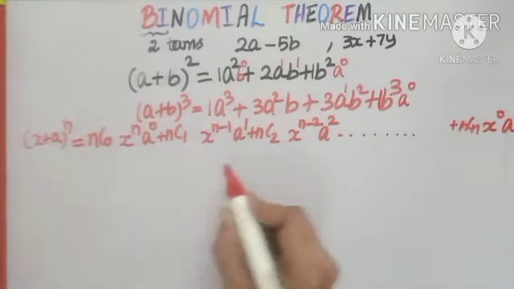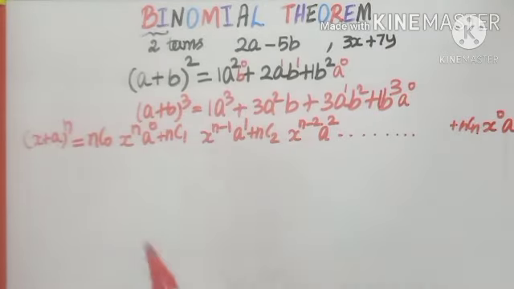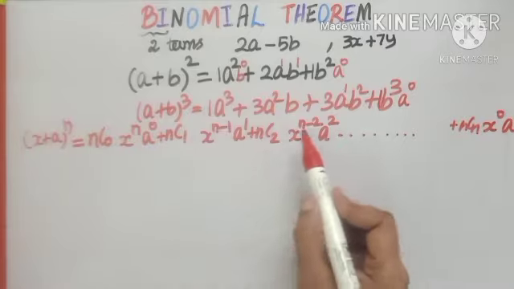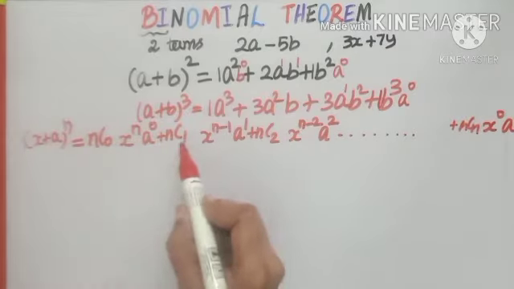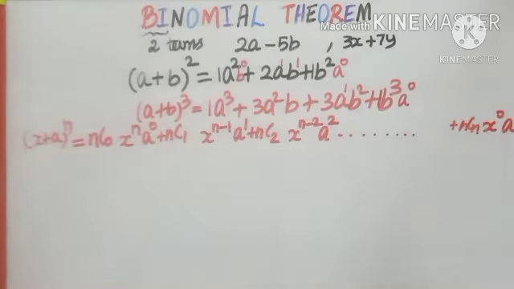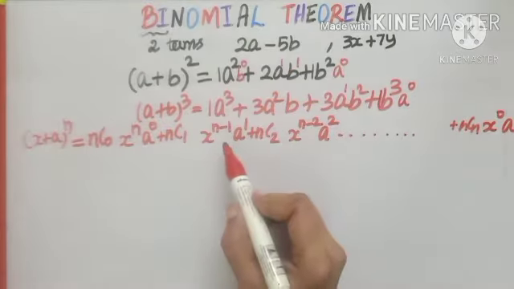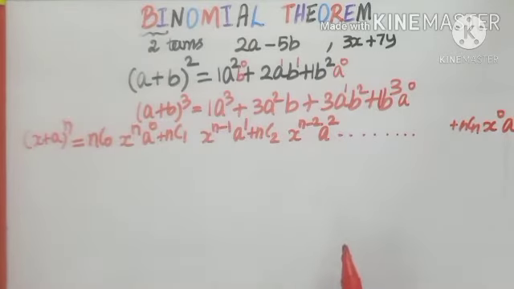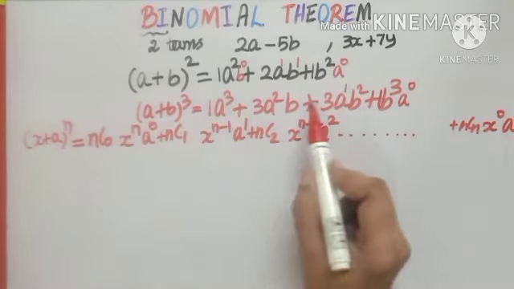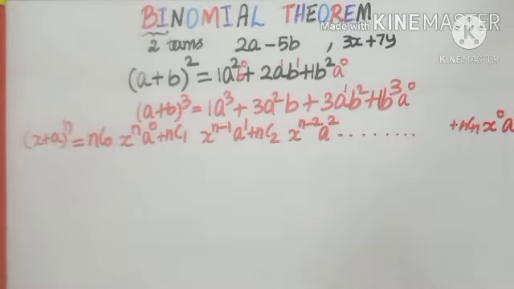So, as I see the expansion, first term keeps on decreasing. Second term keeps on increasing. The coefficients are nC0, nC1, nC2 and so on. If you try the same here with n equal to 2, this expansion will come. N is equal to 3, this expansion will come. In the exercise, we will do any powers. Okay.